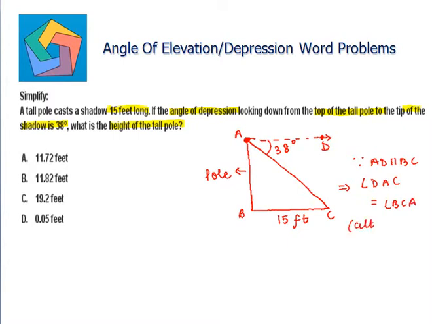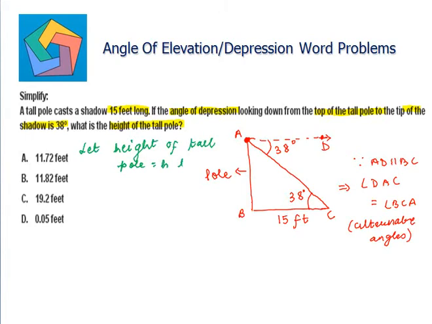Alternate angles are always equal. So this angle will also be 38 degrees. Now let us assume the height of the pole to be h feet. Tall pole equals h feet.